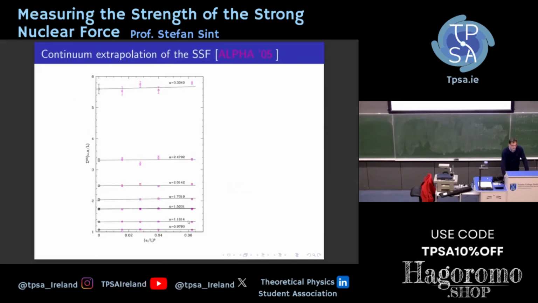So then you have data for different u values. This is the continuum extrapolation. So this is the lattice. Each of the data points is a lattice approximant of this step scaling function, and you have different lattice sizes as you go from right to left, and different u values as you go from set of points to the next set of points.